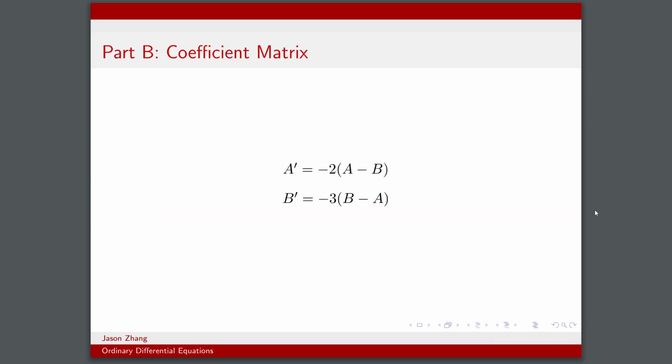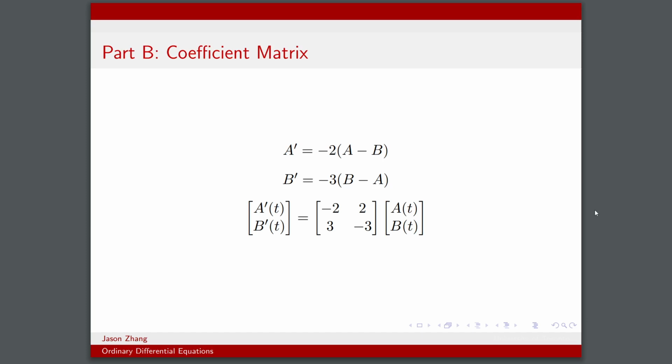So now that we have our system of two equations, we can construct our coefficient matrix as part B asks for. These are our two equations as summarized from the last slide, and we can just put this simply into a matrix format.